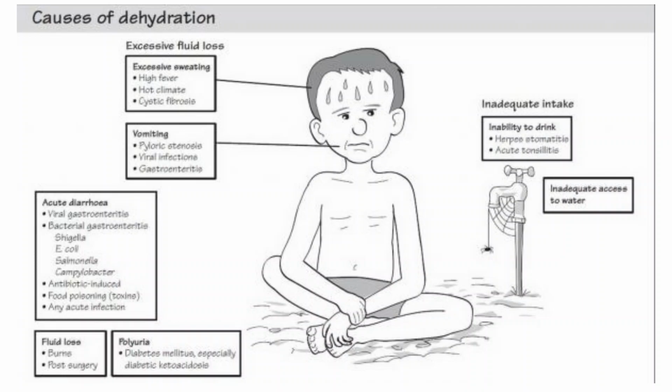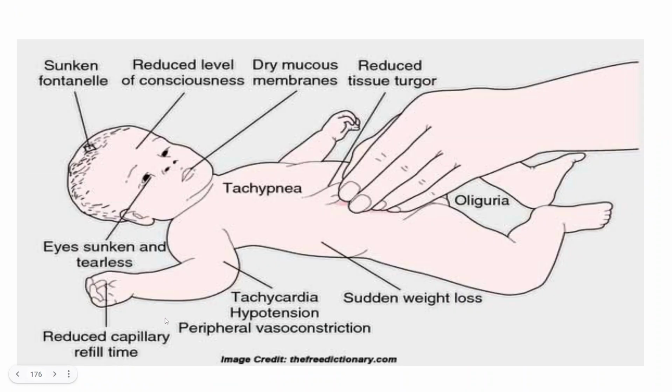The causes for that loss would be excessive sweating, which can result in dehydration, or inadequate intake of fluid, or loss of fluid in the form of vomiting, diarrhea, or abnormalities of urination, polyuria, which can result in dehydration as such.